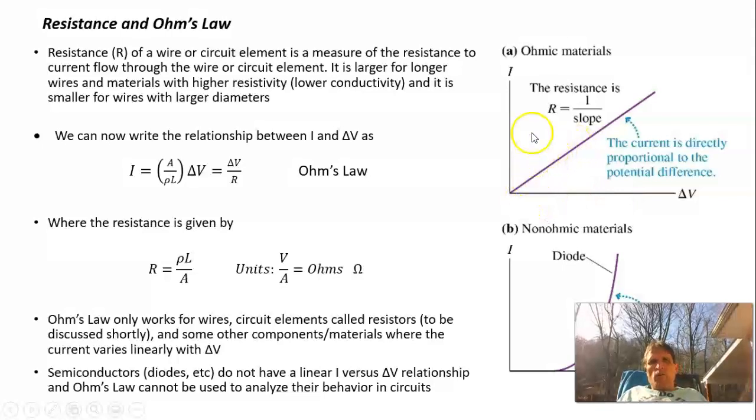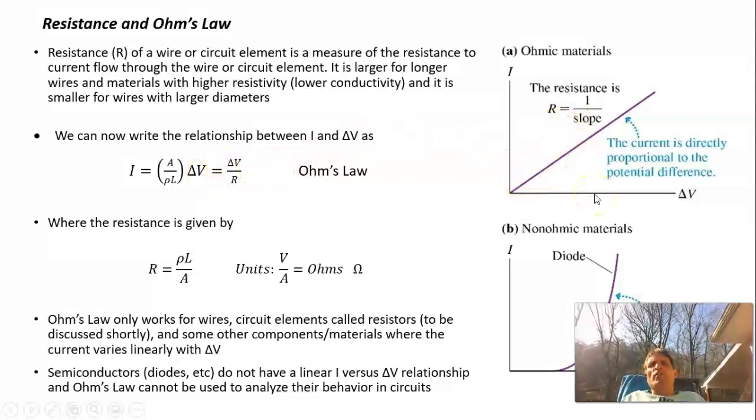In other words, if you plot current versus the potential difference, Ohm's law only applies if this relationship is linear, if it's a straight line. If you look at this equation, I is equal to 1 over R times delta V, the slope is 1 over R. So only materials where the current and the voltage are linearly related obey Ohm's law.